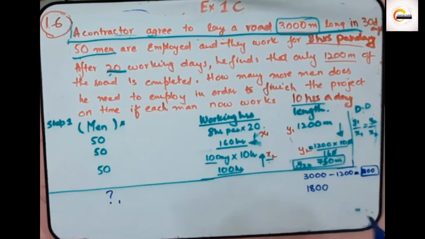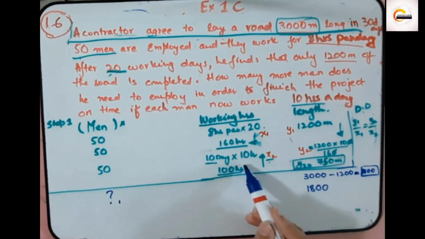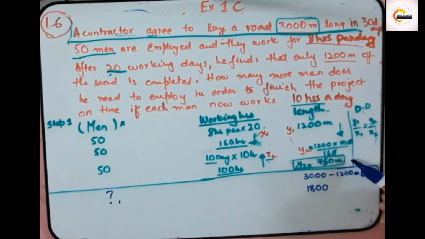So our length is, why did I do 3000 minus 1200? Because we have seen that 50 men cannot perform the job. The first 50 men, if they work for 100 hours, will perform 750 meters.